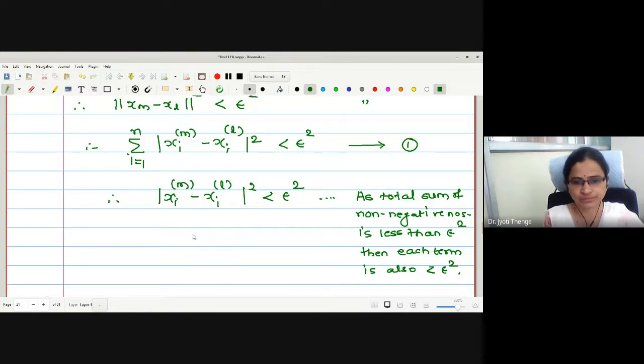Correct now? Let me take a square root on both sides to write down: |xim minus xil| is less than epsilon.